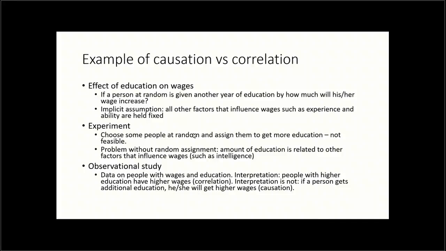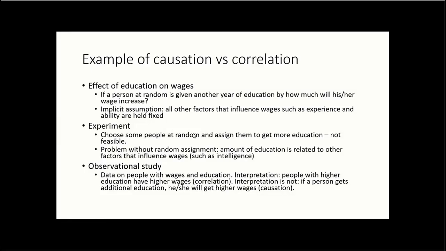There's a problem with this kind of random assignment because people that actually choose to have higher education make a choice that may be related to other factors that influence wages, such as their general level of intelligence. So in an observational study, we only observe what education people have and what wages.